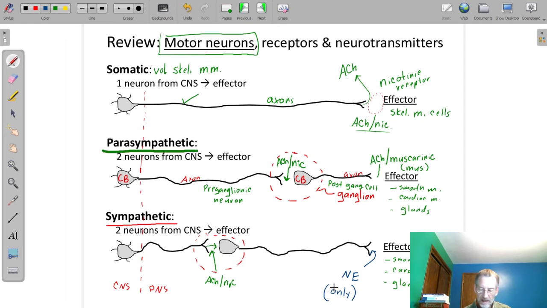And then we have a couple of different receptors that are possible. And you may remember that we had beta 1, beta 2. We're going to just put in beta 1 only, and alpha receptors. Okay.